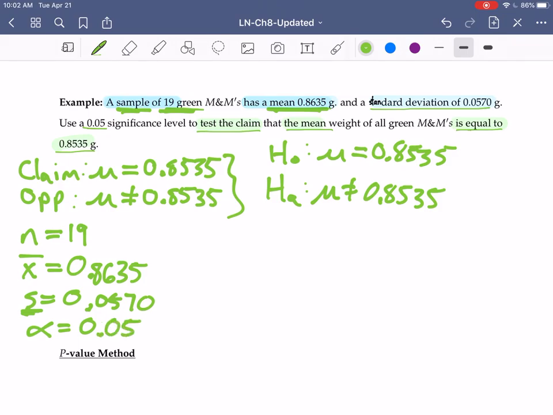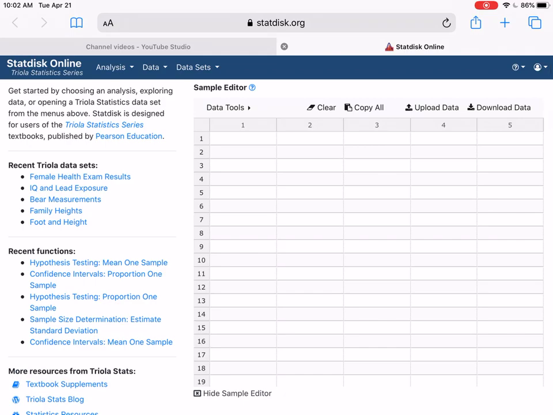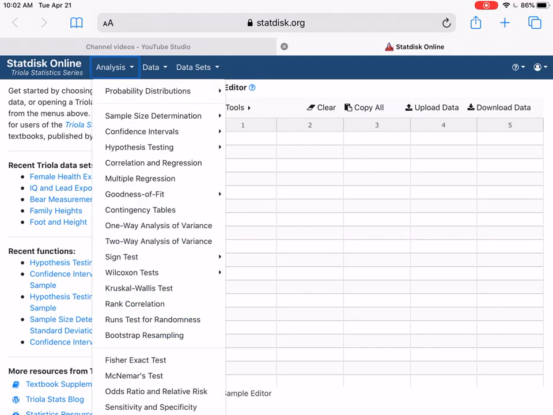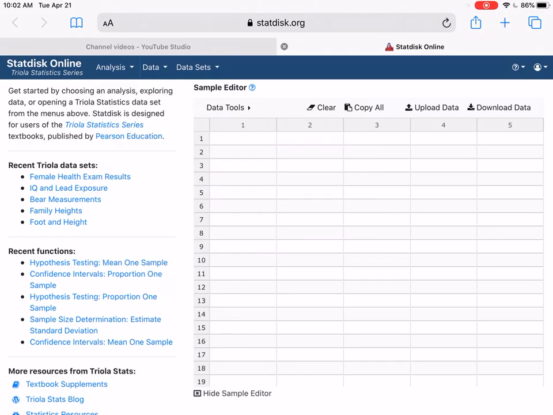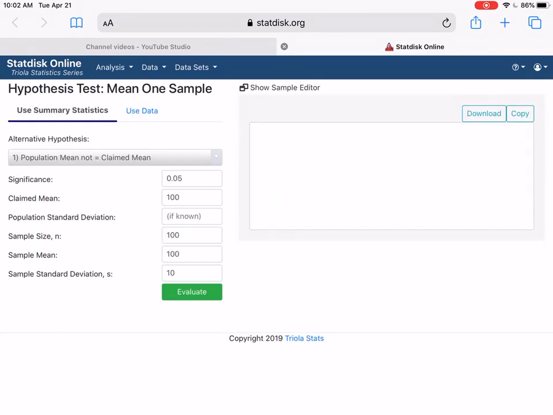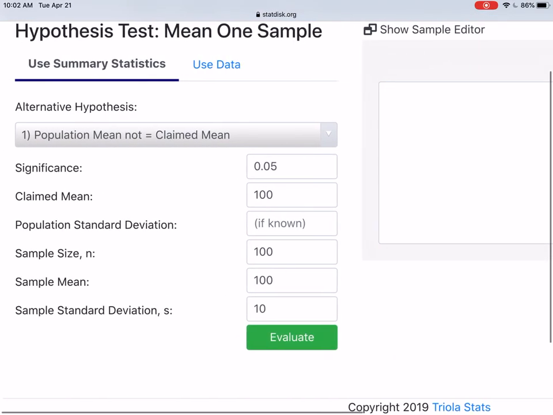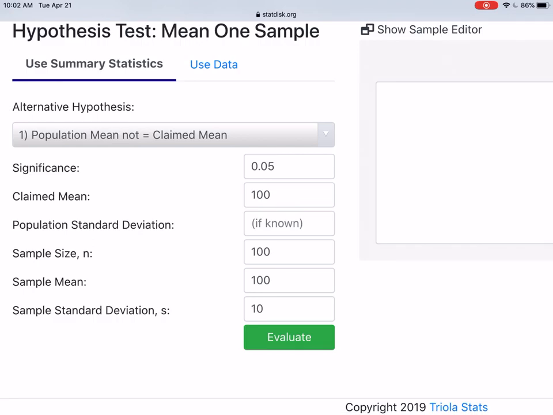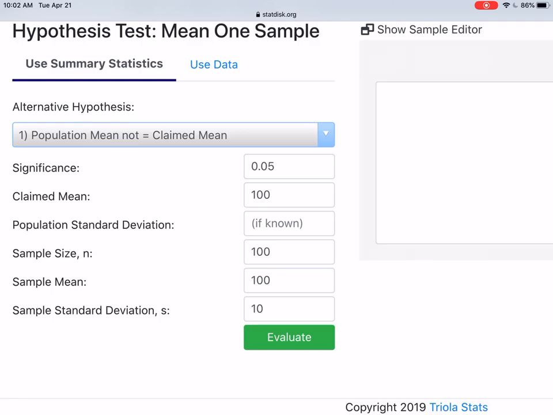So we're going to take this and go to StatDisk. Over here in StatDisk, we choose Analysis. We are doing a hypothesis test. This hypothesis test deals with a mean and one sample, and so we choose that. The alternative hypothesis was that the mean was not equal to 0.8535, and so we choose population mean not equal to some claimed value.